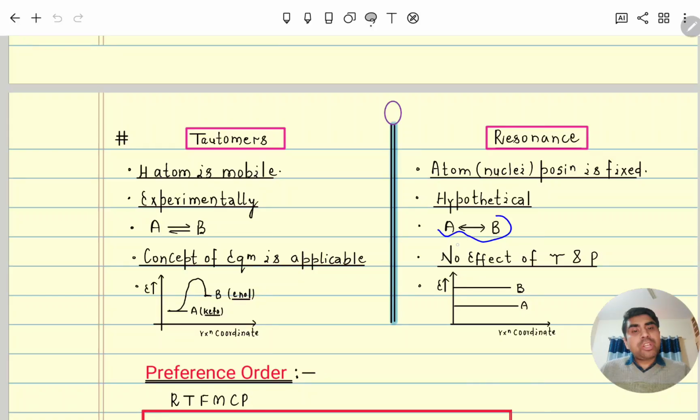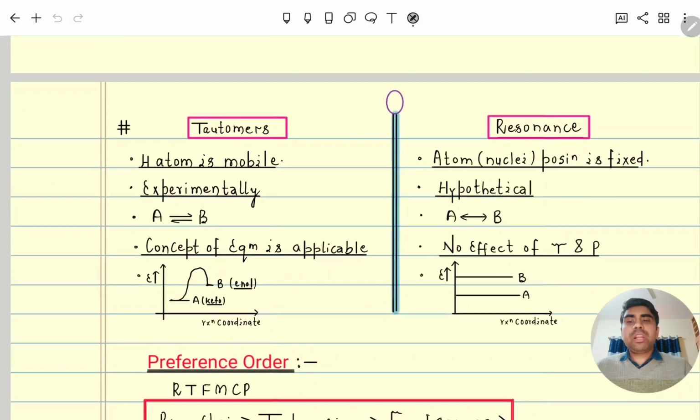They are not in equilibrium, they are just separated by a double-headed arrow. There is no effect of temperature and pressure on resonating structures. And you can see that in two resonating structures, if one has less energy, it is the more contributing resonating structure as compared to B, meaning its contribution in the hybrid will be more.